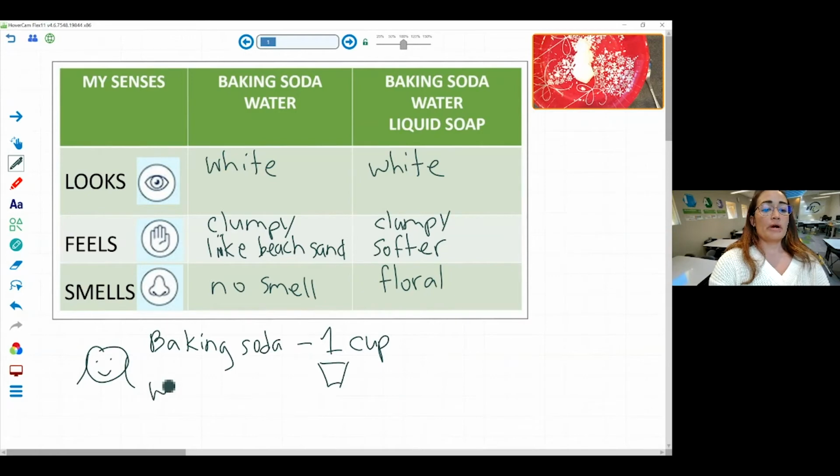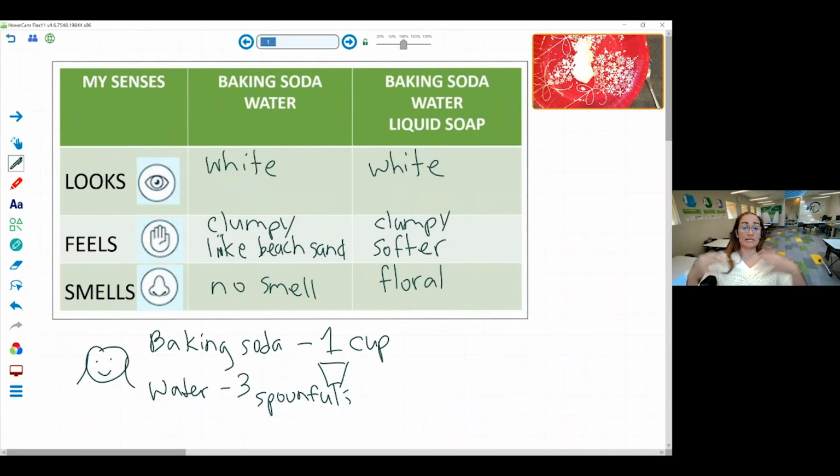And then for my water, I used 3 spoonfuls of water. So for my family, how can I improve this? How can I make this a bit better? How can I make this bigger as a chemical engineer? Well, I have 3 members in my family, so I would need to take these measurements and do a little math, right?